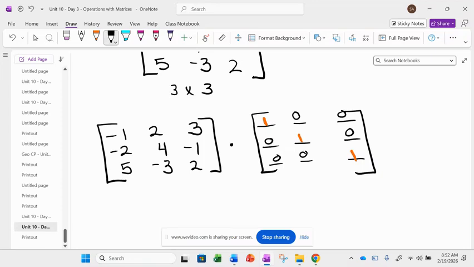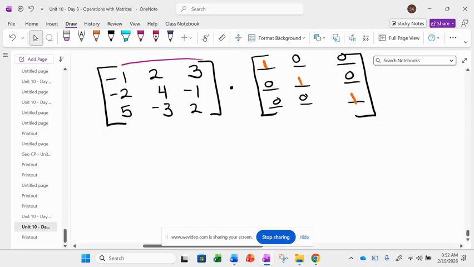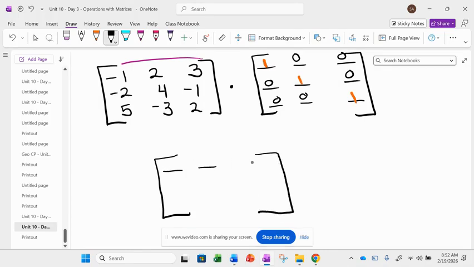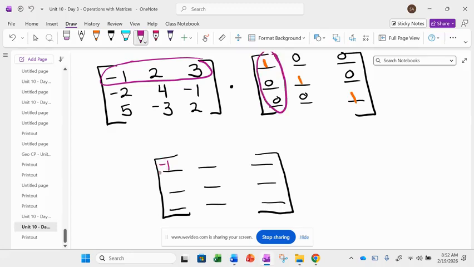And now we multiply. So how do we multiply? Do we agree our product matrix will also be a 3 by 3? So we're going to multiply my first row times my first column. So -1 times 1 is -1, plus 2 times 0, isn't that 0? Plus 3 times 0, isn't that 0?